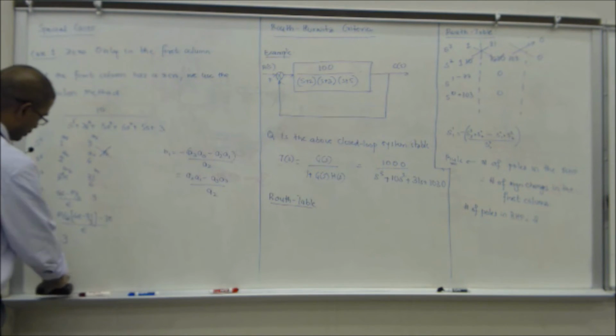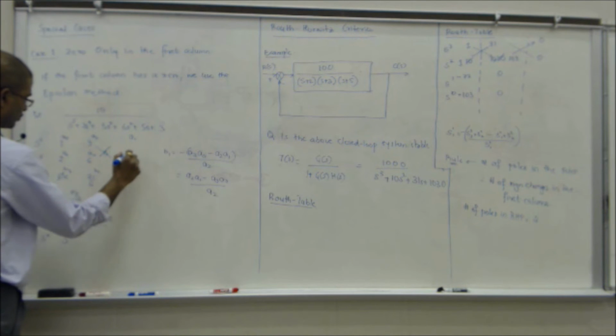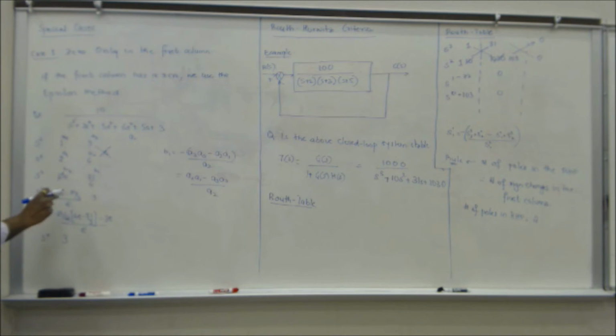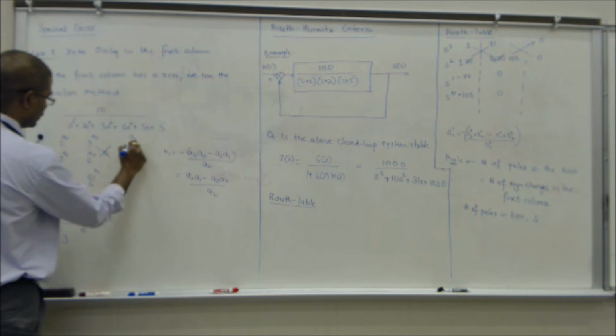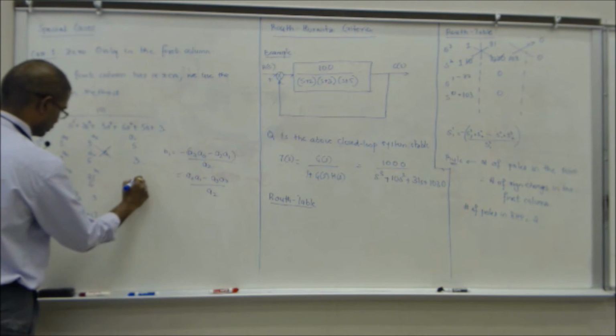Epsilon, yeah, it's small e. When it is 0, you replace that by epsilon, a very small number. Okay, so here it is 3, 5.